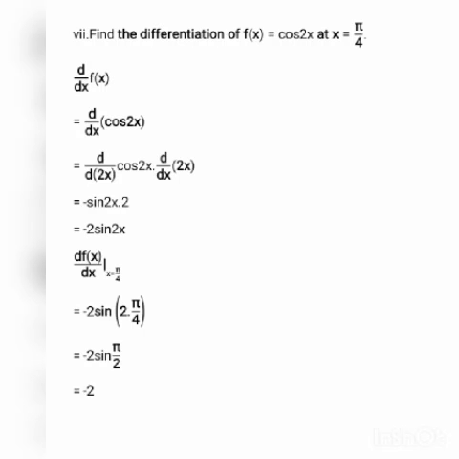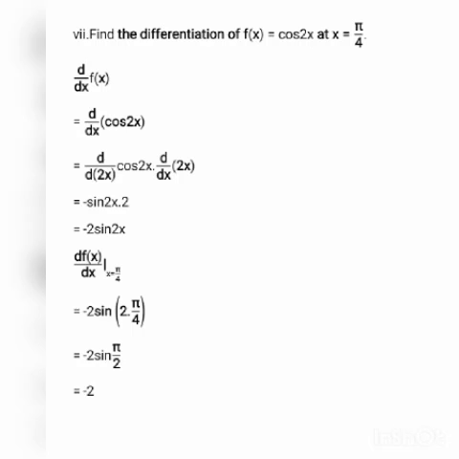Our next problem is find the differentiation of f(x) equal to cos 2x at x equal to pi by 4. Now to differentiate cos 2x, we will write d/d(2x) of cos 2x into d/dx of 2x, as f(x) is 2x and g of f(x) is cos 2x here.